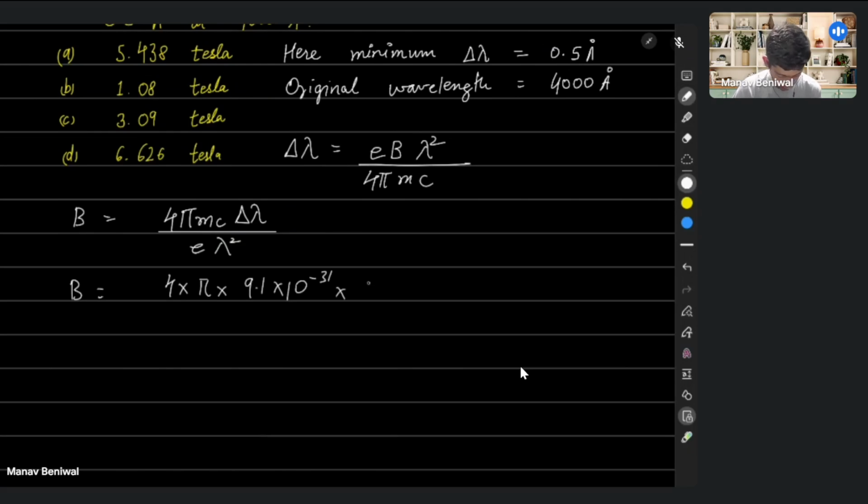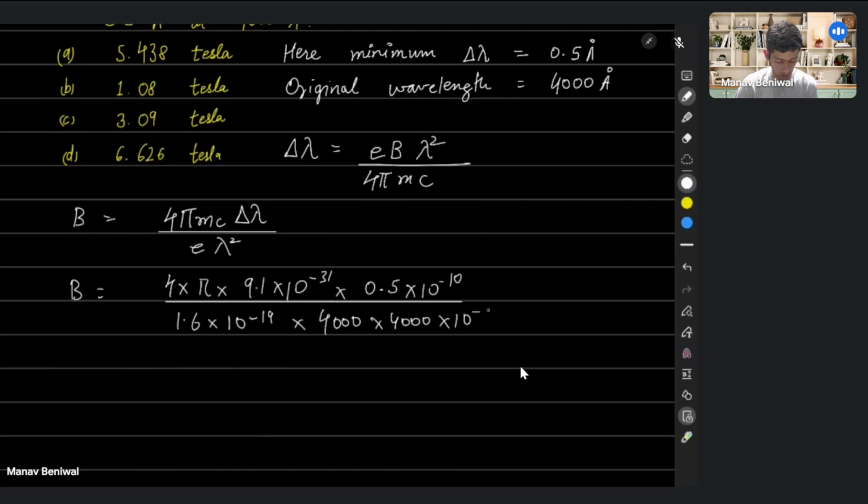Delta lambda is 0.5 and angstrom is 10 to the minus 10. Then we divide this thing by 1.6 times 10 to the minus 19, and lambda squared will be 4000 times 4000 and 10 to the minus 20. So this is what we get now.